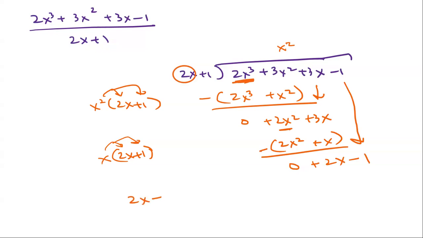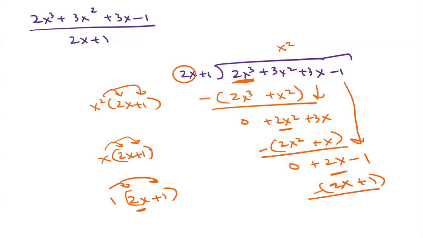In this case, what can I multiply to 2x to give me 2x? 1. Okay, just 1. All right, so I'm going to multiply this by 1, and distribute. So that's going to give me 2x, plus 1, because it's just being multiplied by 1.